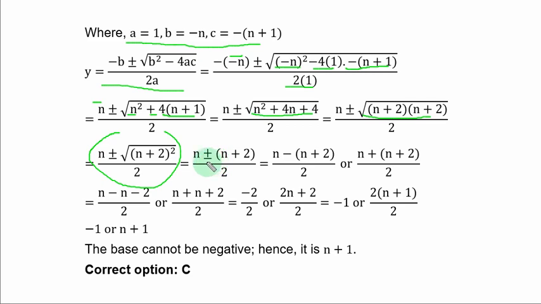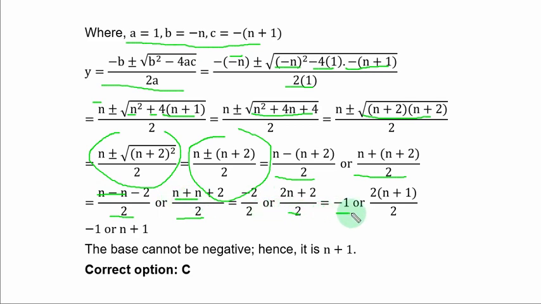Because of the plus minus, you express this term twice using minus or plus. If you open the bracket for the first term, you have n minus 2 over 2, or n plus 2 over 2. So here n, we cancel n, you have minus 2 over 2. If you add, you have 2n plus 2 over 2.